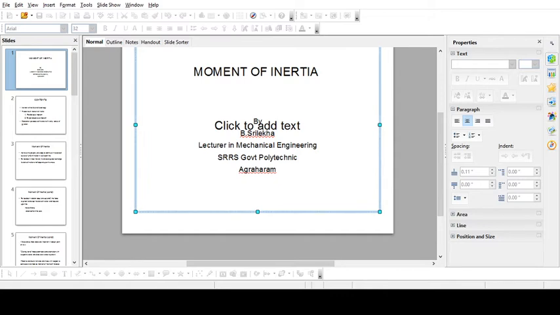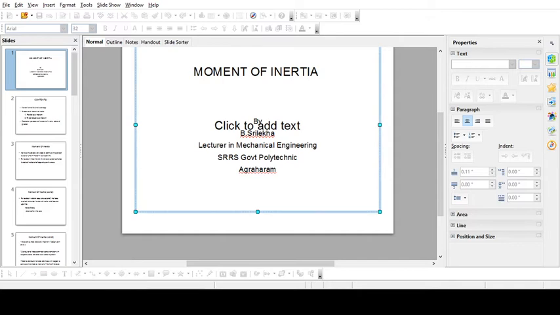Next, the moment of inertia about the base AB. The base AB is simply b d cubed by 3. So we have to take IG plus A h squared. This is how we find the moment of inertia of a rectangle: we simply substitute the values.